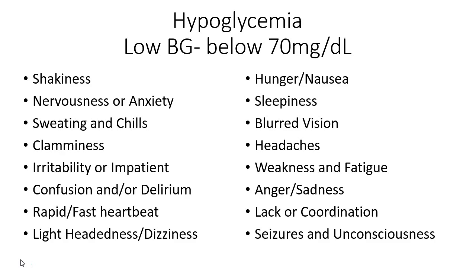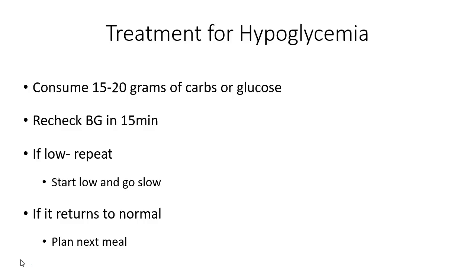So let's say I had those symptoms and I decide to check my blood sugar and I find out that I'm at 65. Whether I grab my glucose tabs or my juice, I'm actually going to drink it or consume it. And then 15 minutes later, I'm going to recheck my blood sugar.